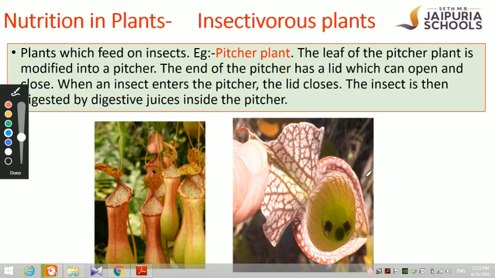Then the pitcher plant will start secreting some digestive juices from its inner part. As a result, what will happen? The insects will get slowly digested by the plant and the nutrients will be used by the plant for its own growth and development.